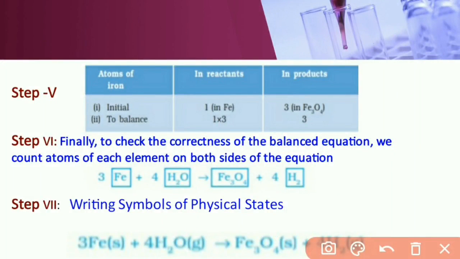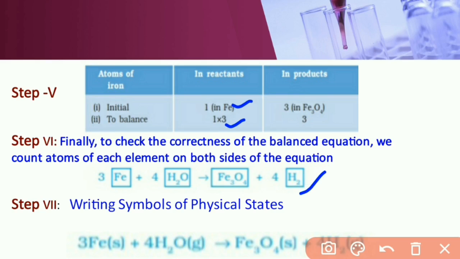Then after step 4, in step 5 only iron is unbalanced on both sides. So in this step we have to balance the iron on both sides. Iron on the RHS side is 3 and on the LHS side only 1. So we have to multiply by 3 on the LHS side, therefore we get this equation.